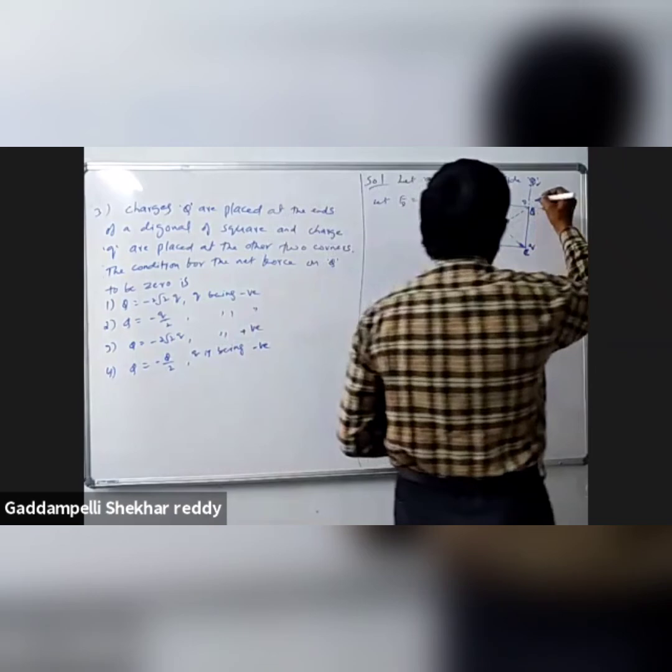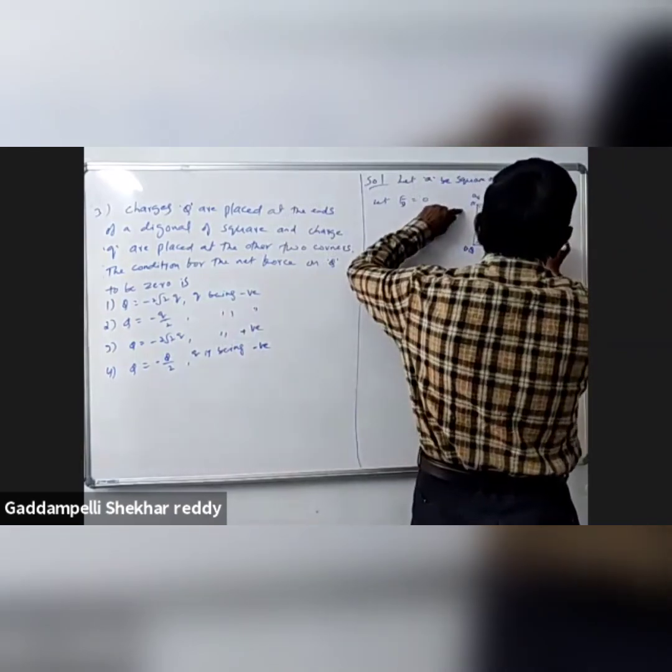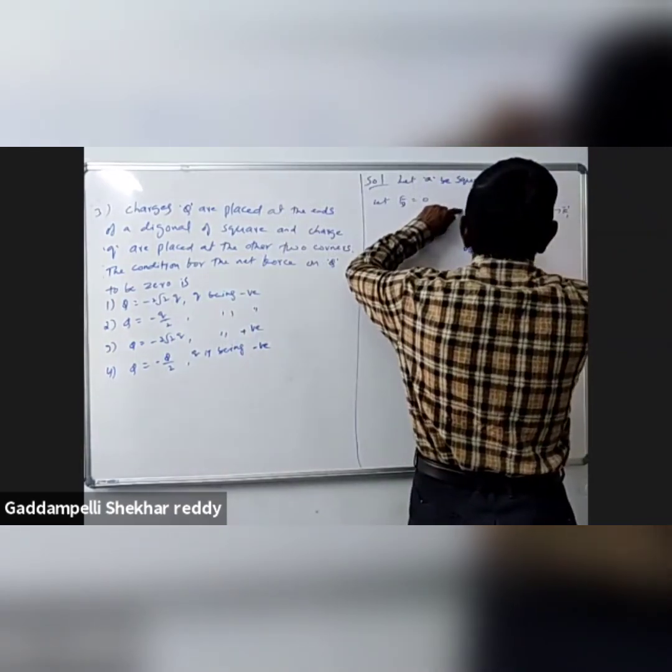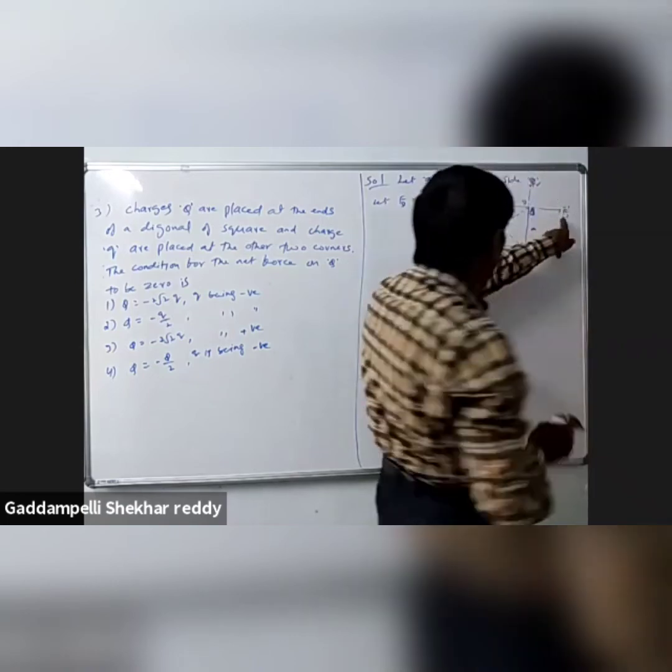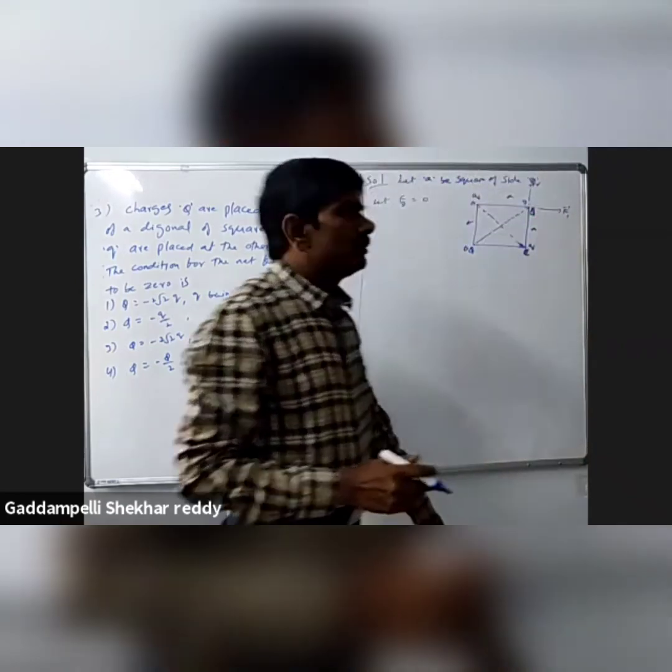These are repulsive forces at the same distance, like this: F1 bar, F2 bar.